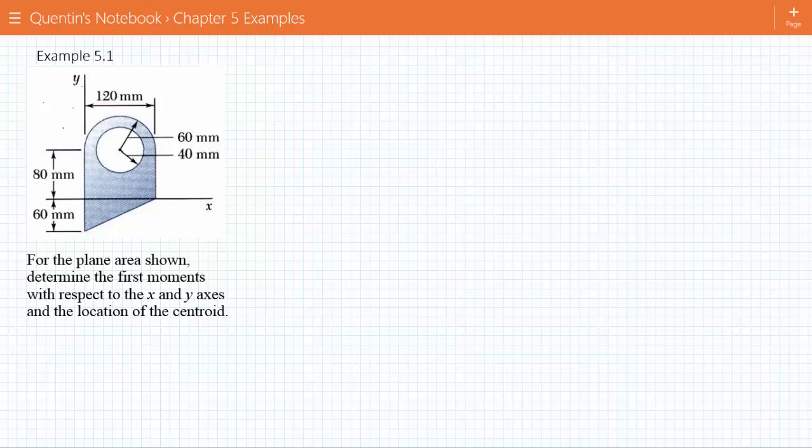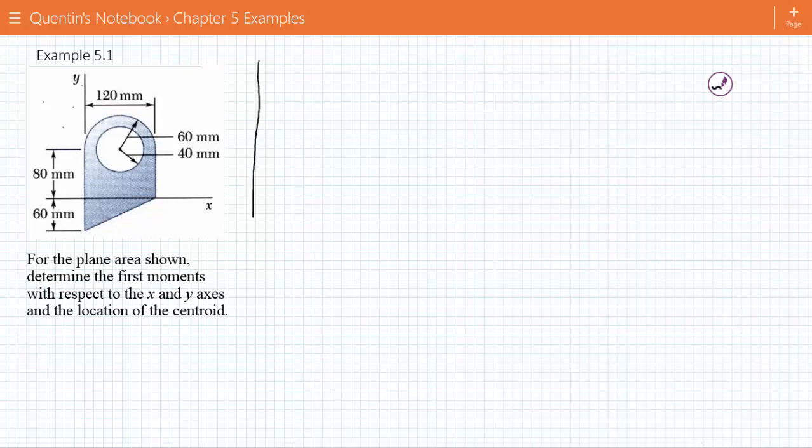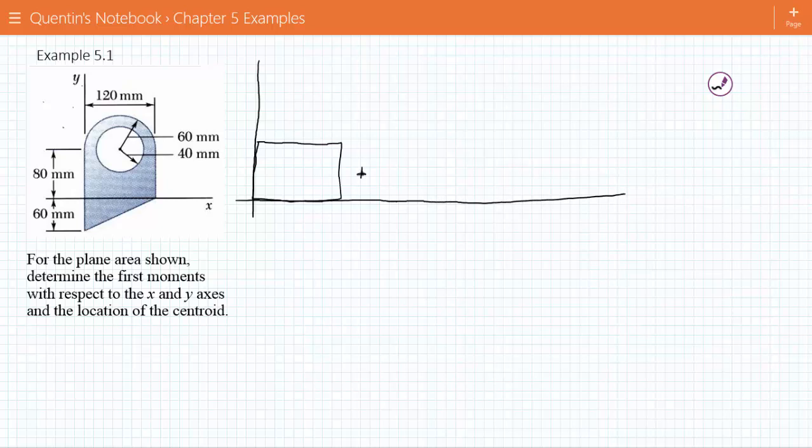Okay, so the first thing, this is a composite plate. I'm going to try to draw this in a way that makes sense. So we have this shape, and it's equal to this block, plus, I'm going to extend this axis quite a ways out here, plus this triangle, plus this half circle, minus this full circle.